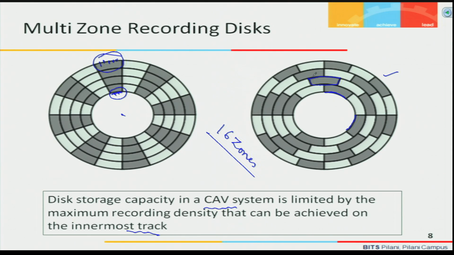The disk has to rotate with a different speed depending upon which zone the request is for. So, zone-wise the velocity will be different. The control circuitry will be complex for this kind of disk, but definitely the recorded surface utilization is better compared to the single zone disk.